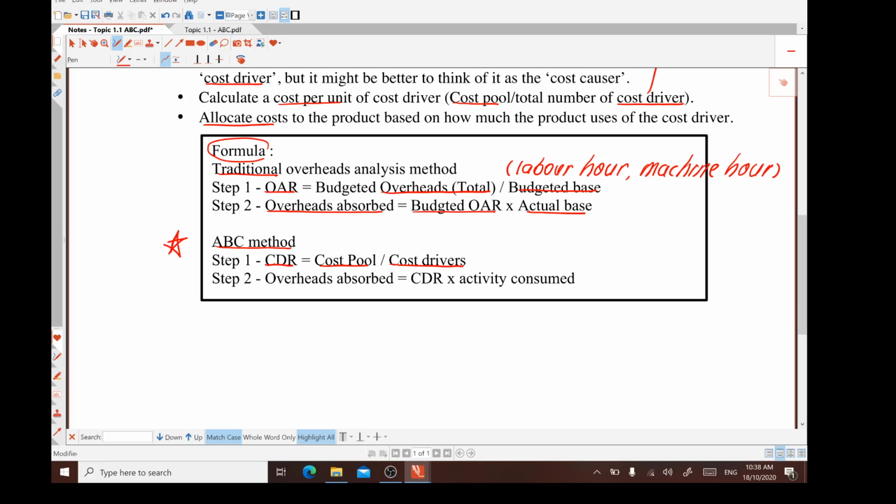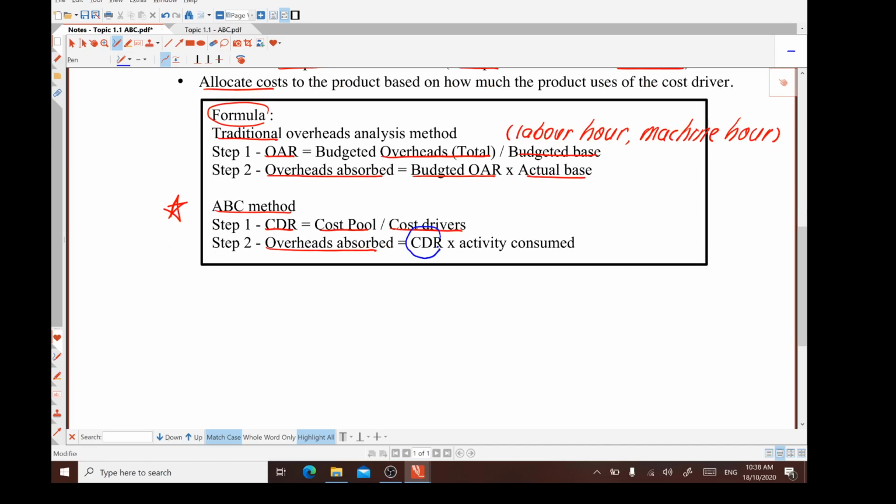Okay, step 2, when we absorb. I would like to highlight this area a little bit here. We're taking the CDR and multiplying by the activity consumed. So this is what we would expect to see. Say for instance, you have calculated the figure cost per setup, and what you have to do when you multiply by the activity consumed is multiply by the number of setups.